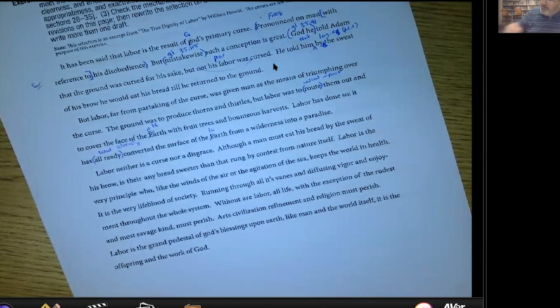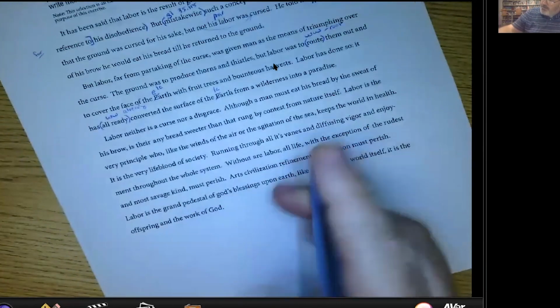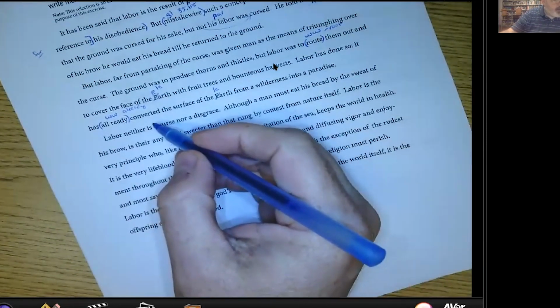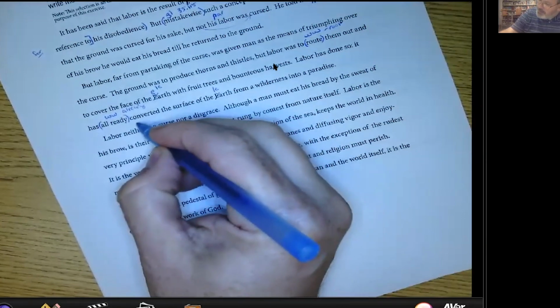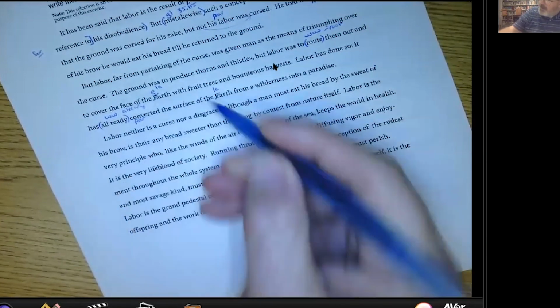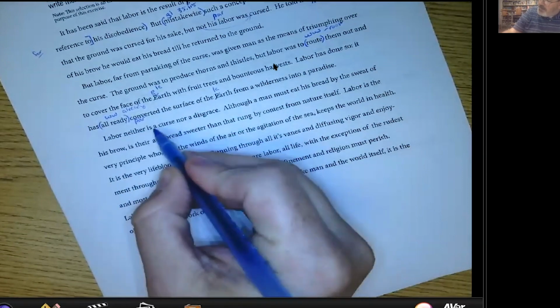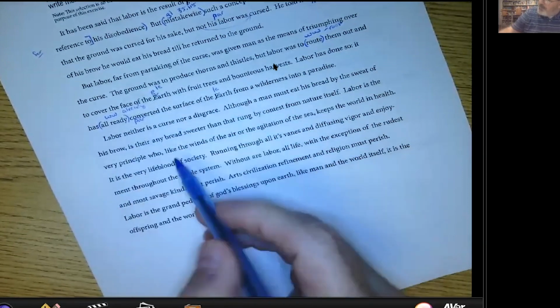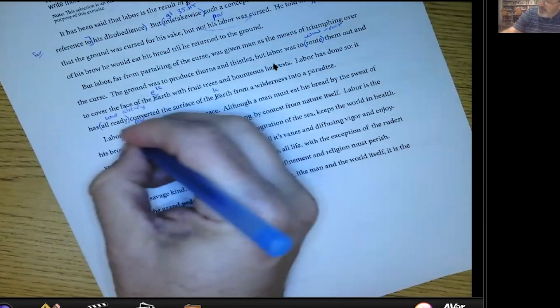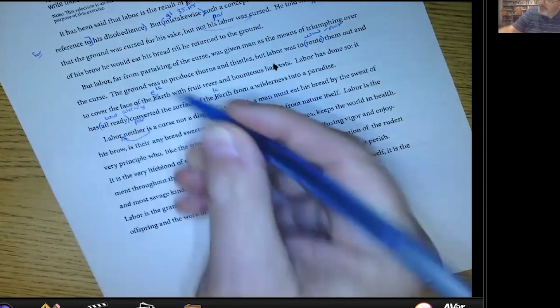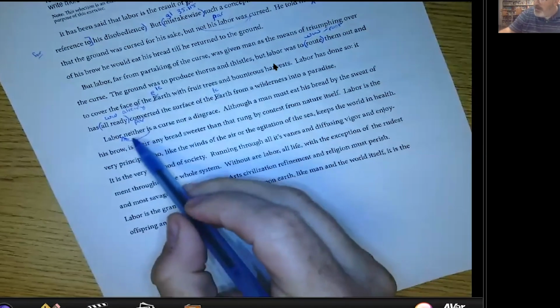Labor neither is a curse. Okay, so this is, what was it again? Parallelism. It is because the verb has to come before neither. It's a correlative, neither nor.